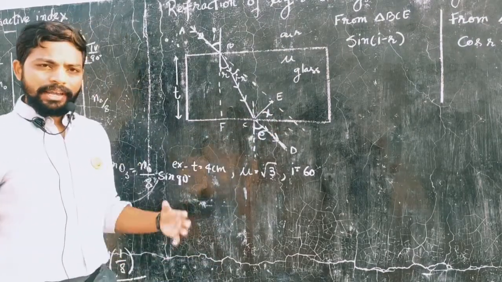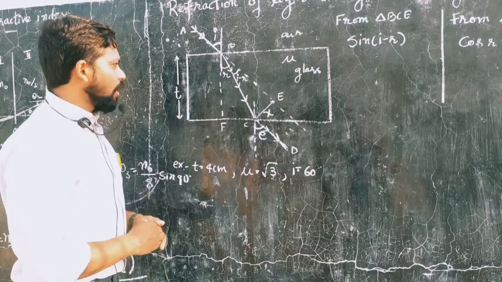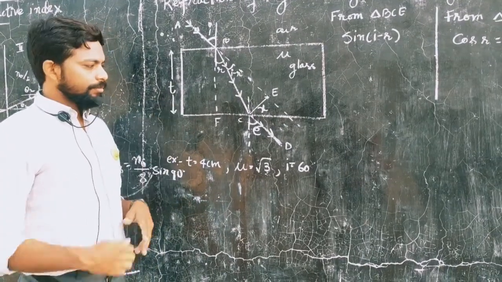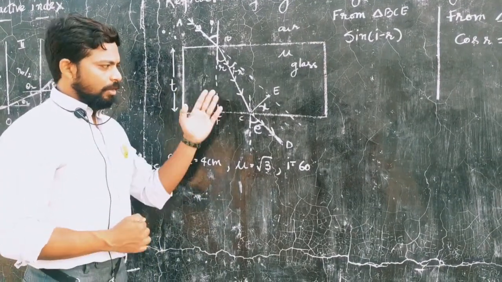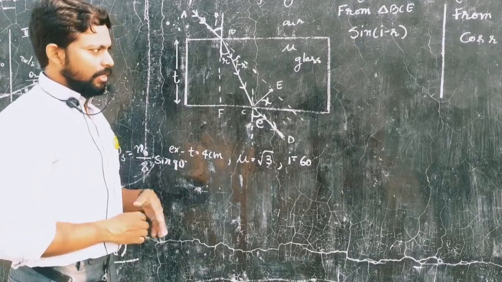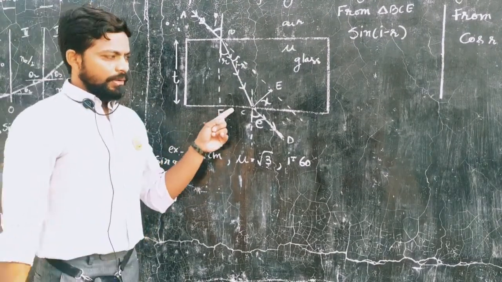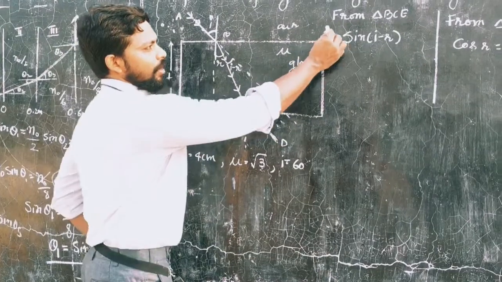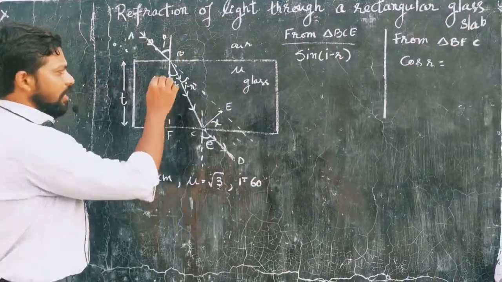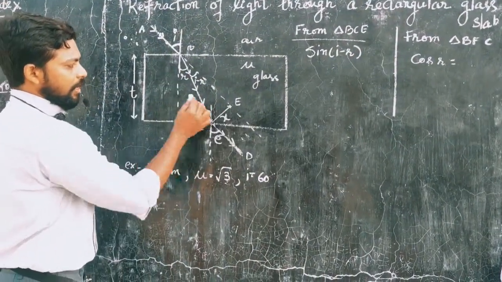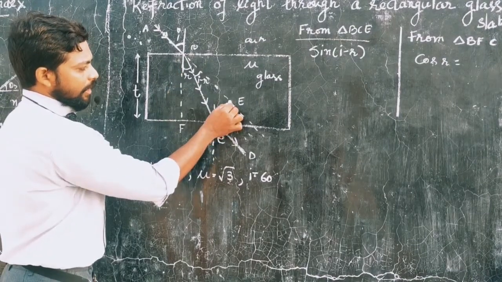We'll try to derive some relations between the thickness of the glass slab and the angle of incidence and angle of refraction. Now you observe the figure carefully. From the figure, from this triangle BCE, you can see this is a right angle triangle.